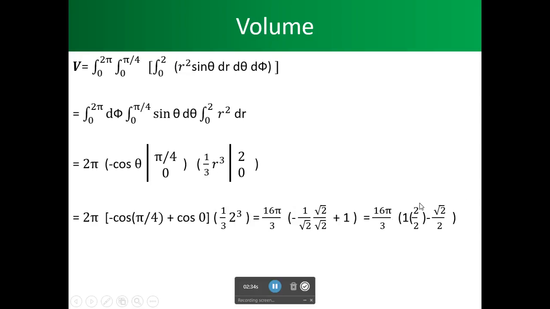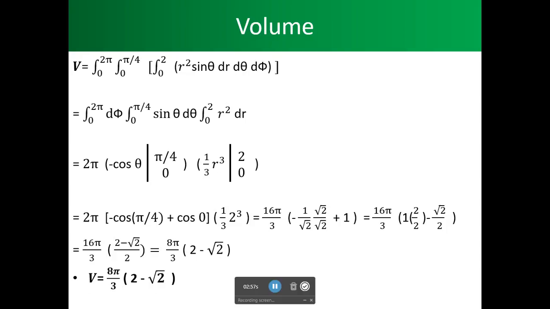Now we want a common denominator, so we multiply by 2 over 2. The 2 and the 16 cancel, giving 8 pi over 3 times the quantity 2 minus the square root of 2. So our volume V is equal to 8 pi over 3 times the quantity 2 minus the square root of 2.